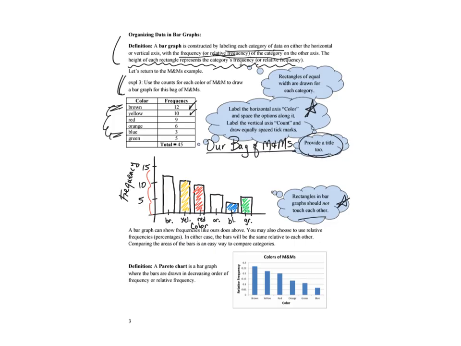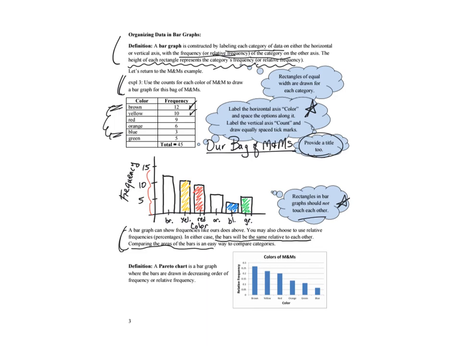So one thing that we talk about down here is if you wanted to show not the frequencies or the counts, but you rather wanted to show the percentages, you could easily do that as well. And it's kind of cool because you'll notice that no matter if you use counts or the relative counts, the bars are going to be the same relative to each other.